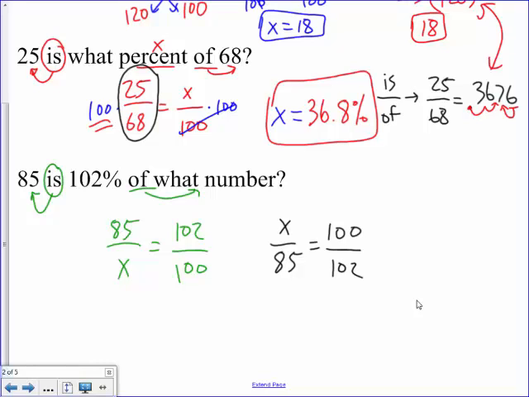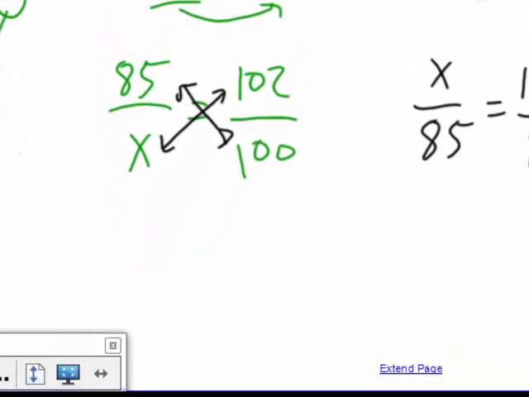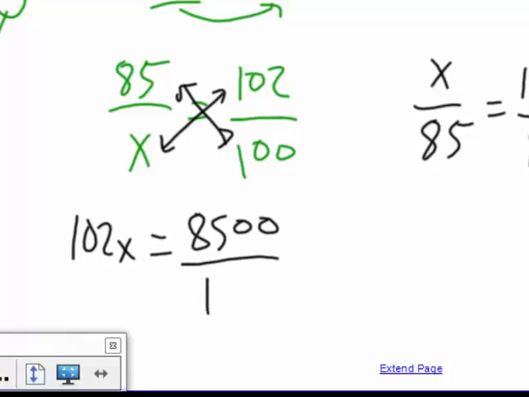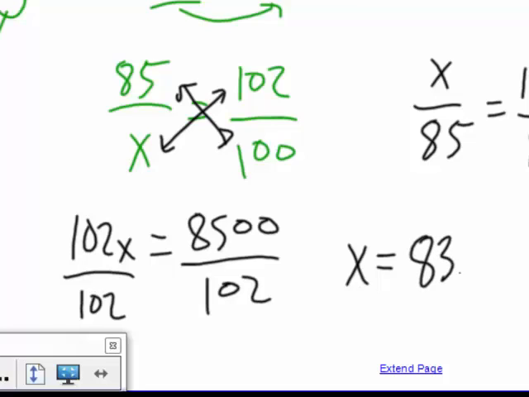But since I'm just a cross product machine, I'm going to do that here as well. So 102x equals 85 times 100. So to solve for x, we're going to divide by 102. So x would equal 83.3 repeating.